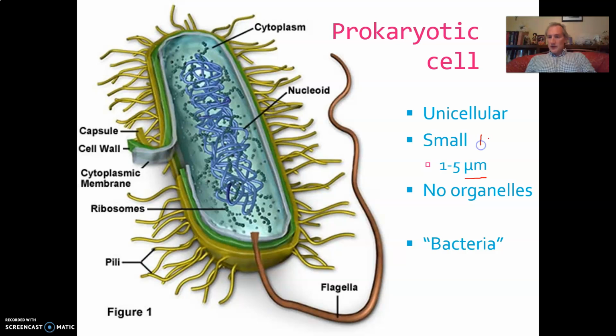And there are 1,000 of these in 1 millimeter. And 1 millimeter is 1/10 of a centimeter. So basically, another way to look at this is there are 1,000,000 microns in a meter.